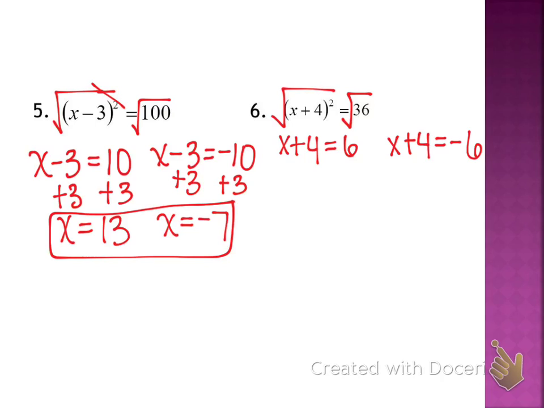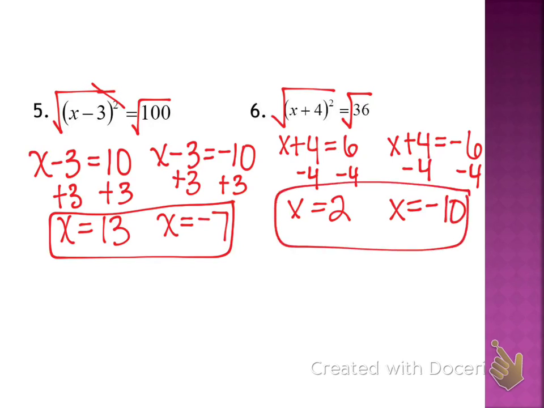And then we have to solve both of those. We would solve them by doing what? Subtracting 4. So x equals 2, or on the other one, x equals negative 10. Good. Got 2 answers again.